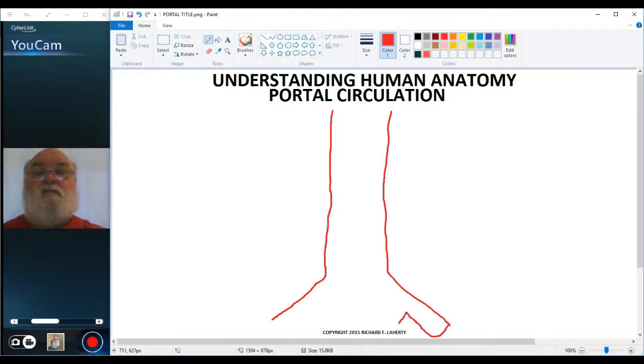And the common iliacs divide into an internal and external iliac.